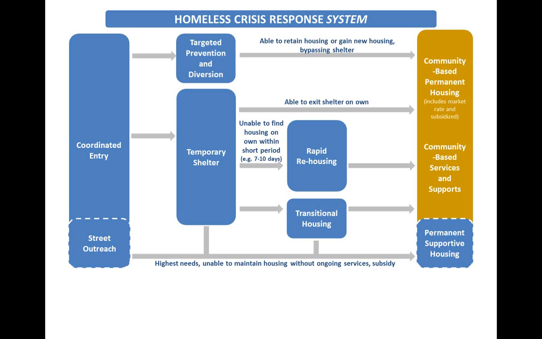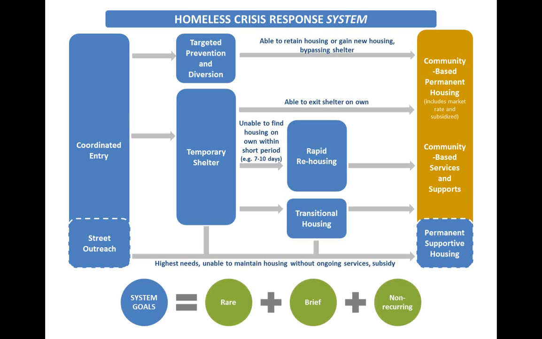So how does coordinated entry fit into this? It helps these crisis response systems achieve their goals. The system goals are that homelessness is rare. For persons who are experiencing a housing crisis, we want to try and identify them as quickly as possible and prevent or divert them from homelessness. But in some instances, that's not possible, and some people will come into the crisis response system or come into the continuum of care.